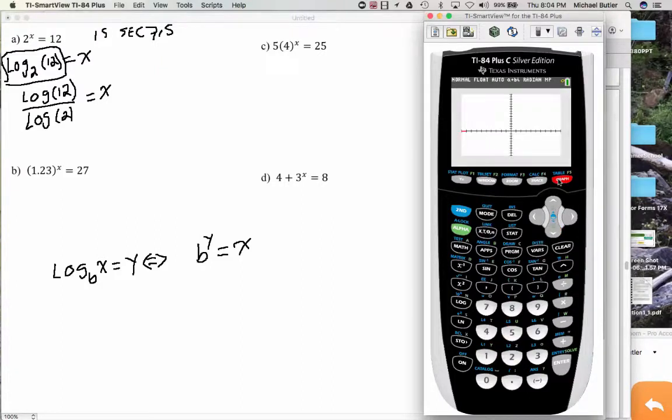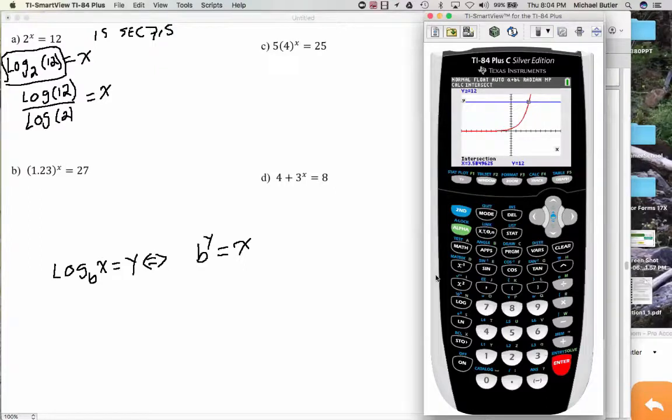Let's see what we get here. Okay, there we go. That point of intersection right there is our solution. So if we go second calc, number 5 for intersection, first curve, second curve, and scroll over for a best guess, it looks like it's at about 3.5849625. That's doing it the graphical way, right?